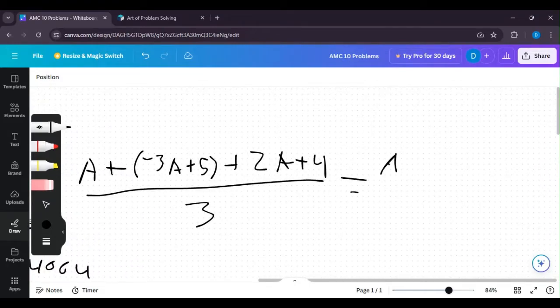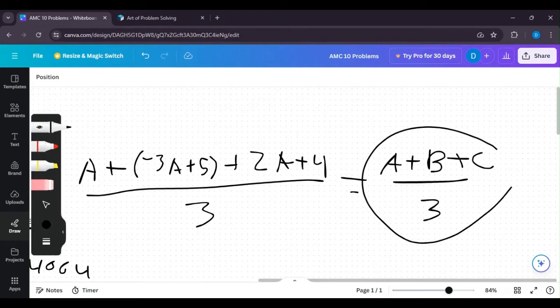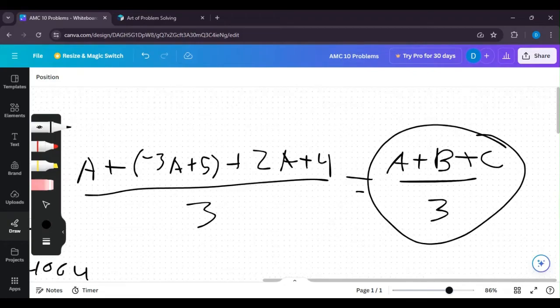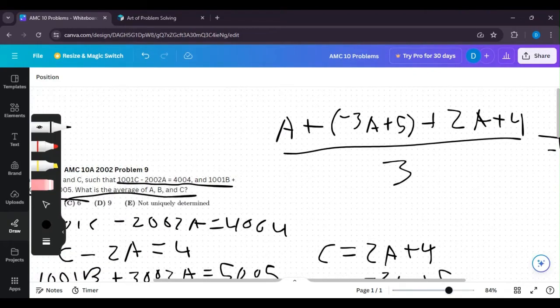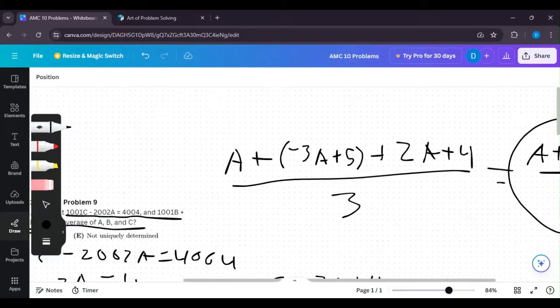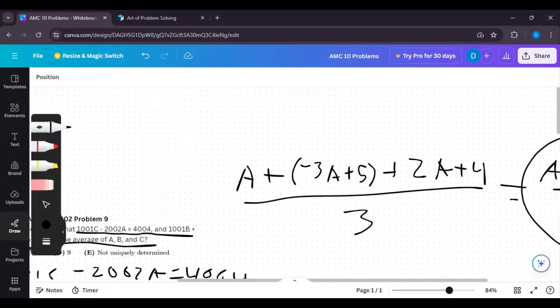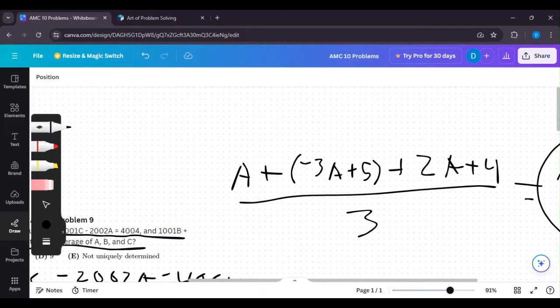And as you see here, we're just rewriting it as a form of a plus b plus c divided by 3, which is how you find the average of those three integers. And as you see here, the a's cross out.